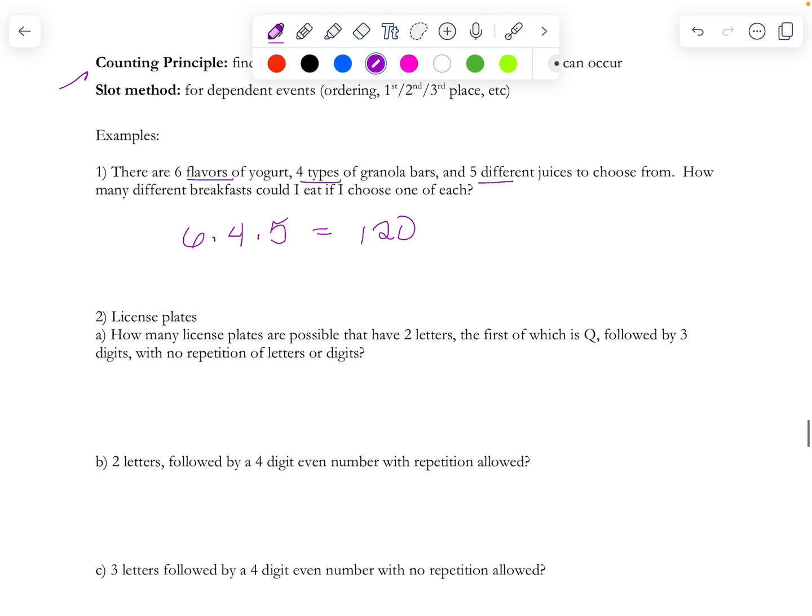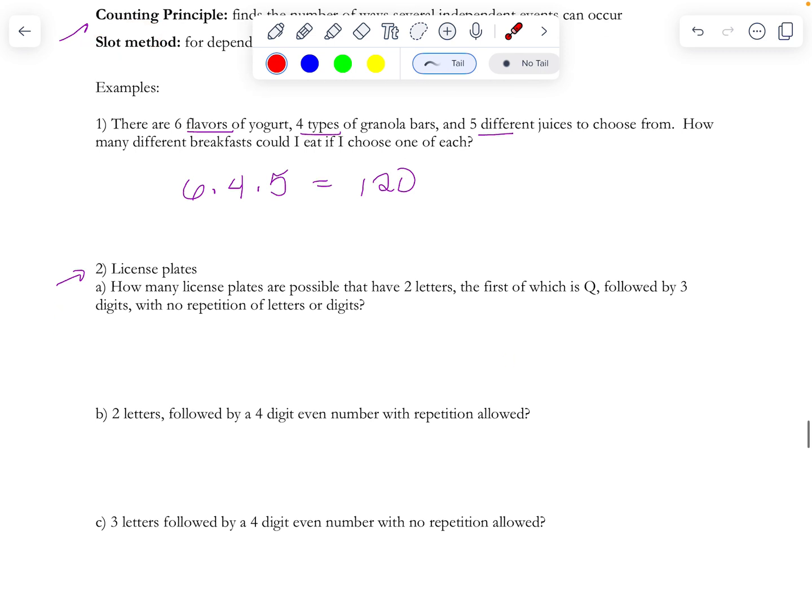Now, the next type of problems we have are license plate problems and phone number problems, and I like to do what's called the slot method with these. It says, how many different license plates are possible that have 2 letters, so I'm going to do 2 slots for letters, the first of which is a Q, followed by 3 digits, with no repetition.